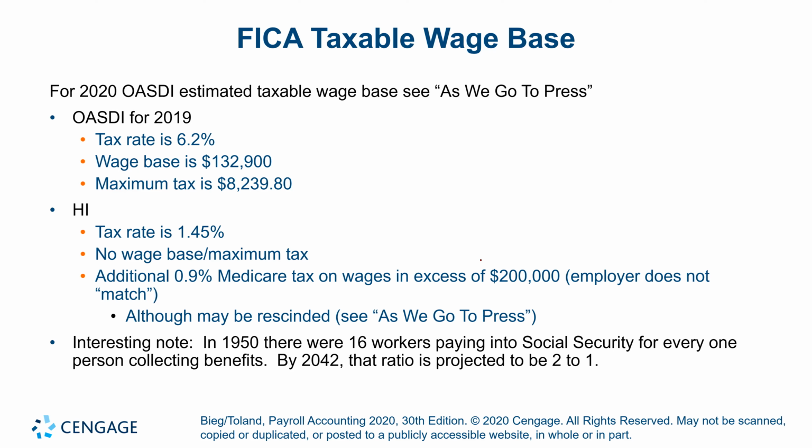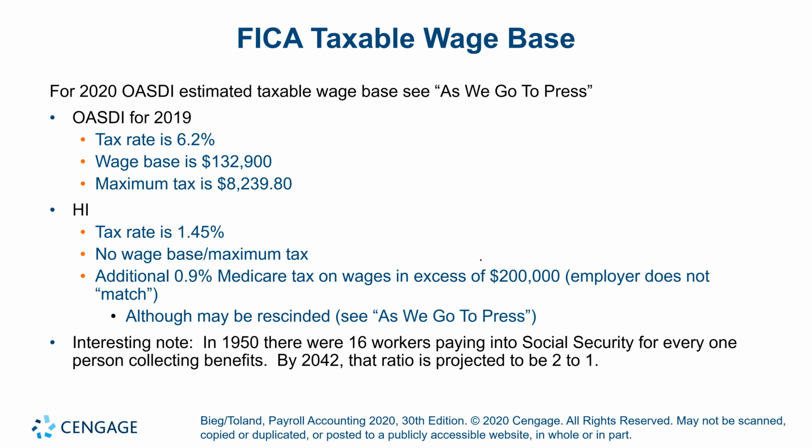And so basically what this means is that employees have to pay 6.2% for Social Security up to 132,900 of their wages. After they get over 132,900, they no longer have to pay that 6.2% tax on their wages.